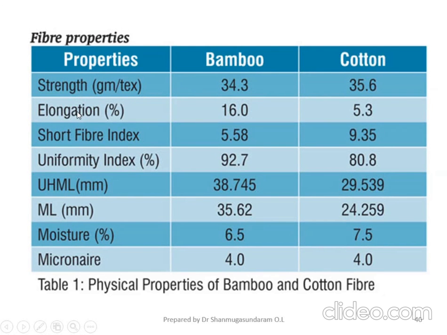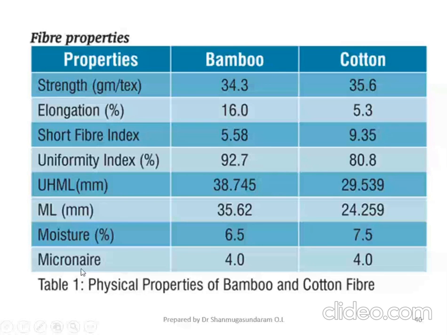If you take elongation, cotton has 6% elongation, whereas bamboo fiber has 16% elongation. For the short fiber index, cotton has more short fibers, roughly around 10%, whereas bamboo fiber has 6%. For the uniformity index, the cotton fiber has 80%, whereas bamboo fiber has almost 93%.